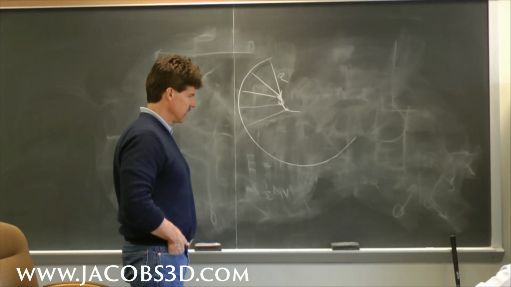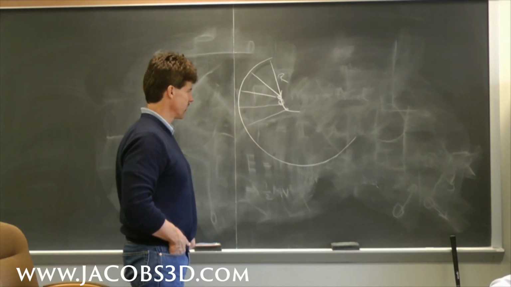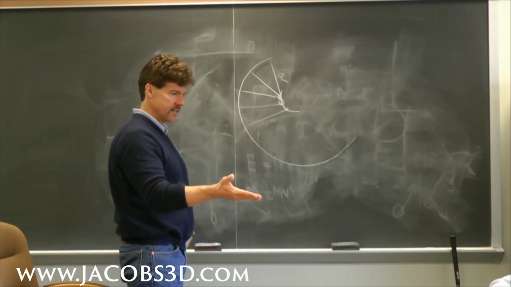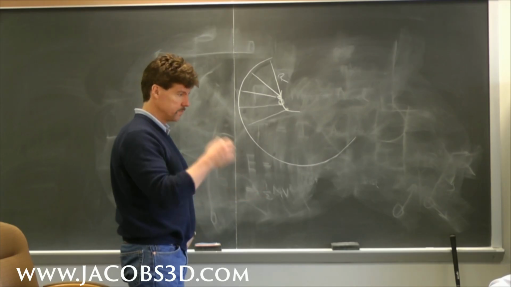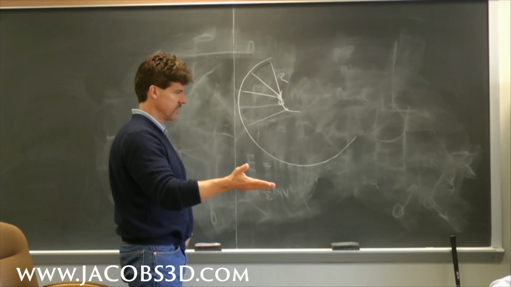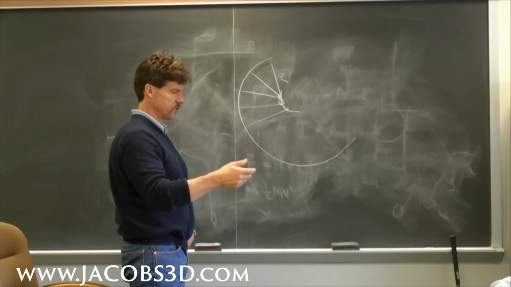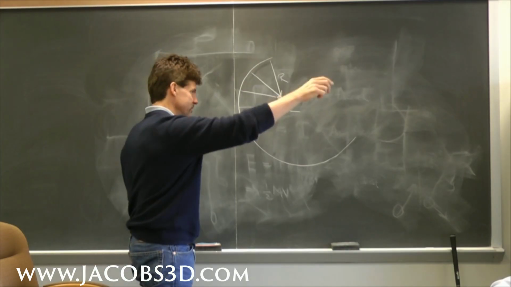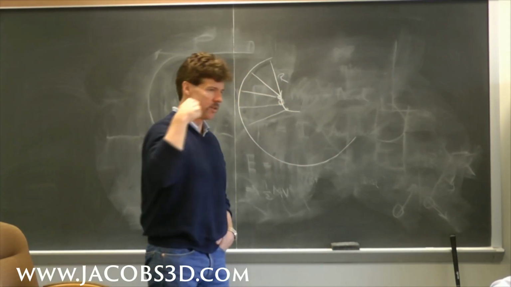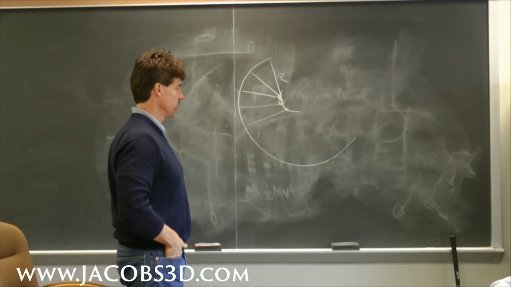We see that in golf pretty significantly, but we also see it in tennis and softball. The casting of a fishing pole is a great example. If you've ever tried to crack a whip, you see the straight line, and then you pull it right at the end. It happens all the time.